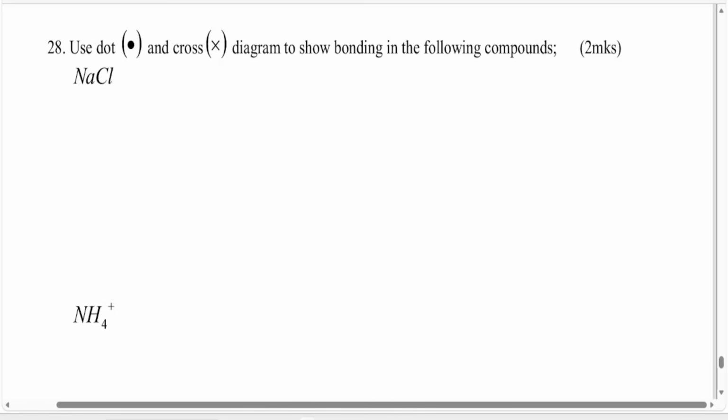As you know, it is a compound that is formed by use of ionic bonds. An ionic bond is between a metal and a non-metal. For sodium, it is going to lose one electron, and for chlorine, it is going to gain one electron. So we are just going to go directly to the final representation of that particular bond.